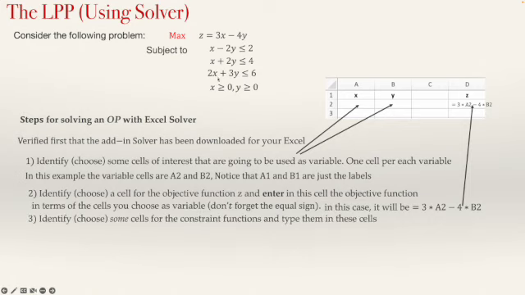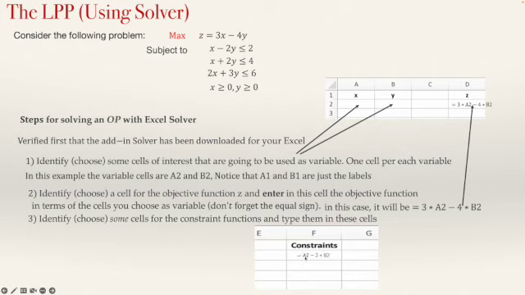And third, you are going to identify some cells where you are going to type the constraint functions. For example, x minus 2y. Obviously you need to type this in terms of the cells corresponding to x and y, so A2 and B2. So you are going to type A2 minus 2 times B2 for this first function here. I'm using F1 as the label, but F2 will be my first constraint, F3 my second constraint, and F4 my third constraint.